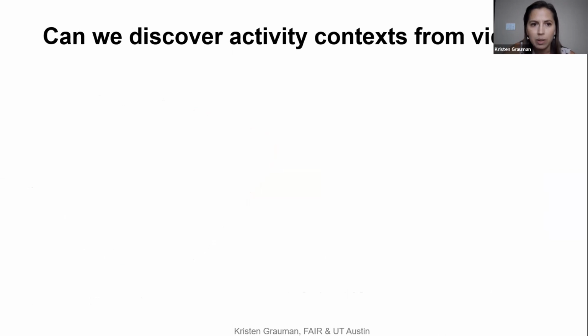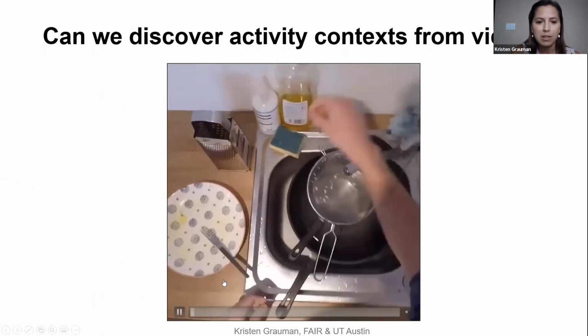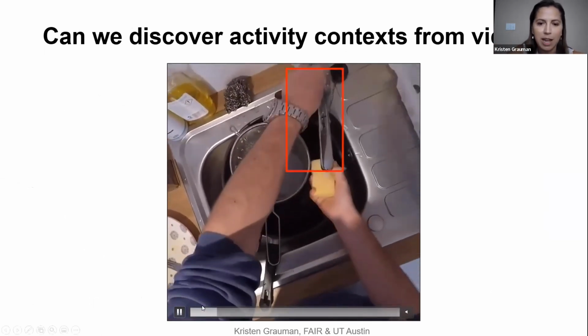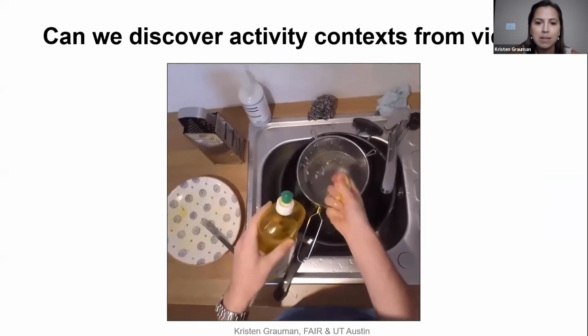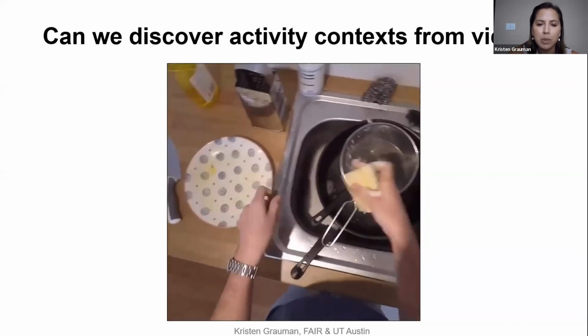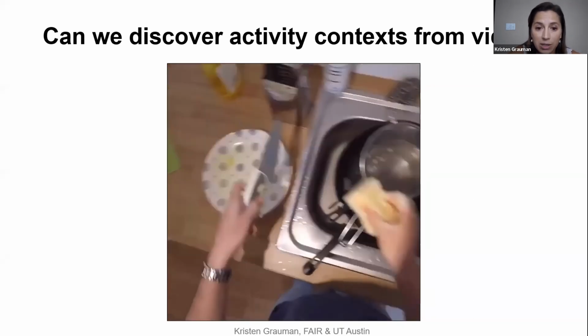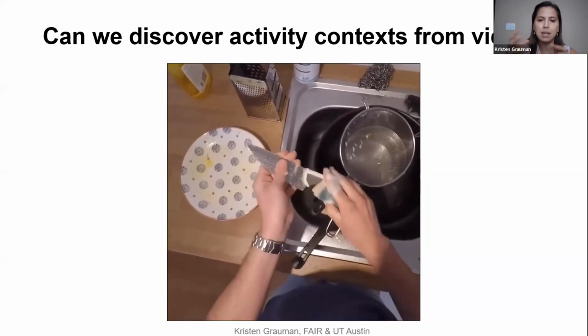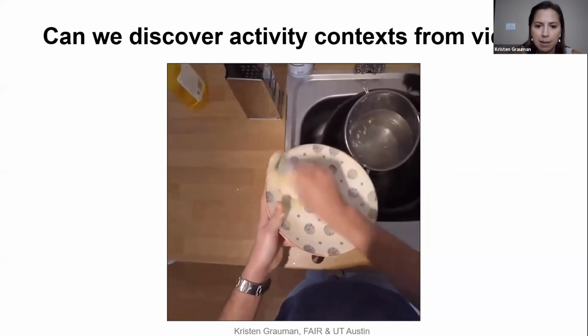So here too, we wonder, can we discover these activity contexts, the things that would enable many actions or progress on different actions, from video? Here's an egocentric video of a person doing kitchen actions. And yeah, if we could look at how humans bring objects together, the premise is that this would give us an advantage for the types of configurations of objects, meaning objects that come together at the same time in use, that tend to lead to forward motion in a task.